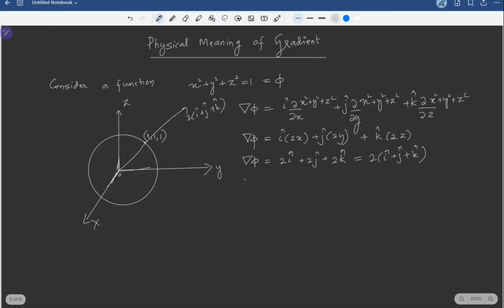Let's zoom into this part and I'll explain it. This is the surface, this is the point 1 comma 1 comma 1, and the vector we're talking about is this. It turns out that this vector is the normal vector to this surface.